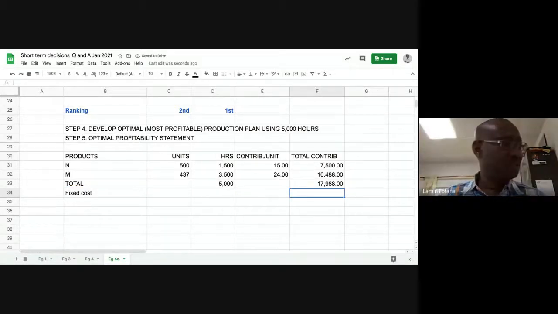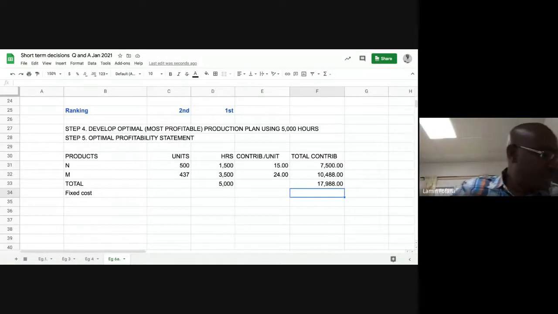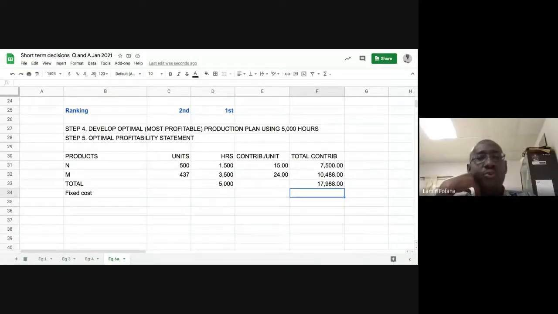Our fixed cost, as per the question, is 10 per unit for M and 8 per unit for N. Okay. So now is this 10 and 8 that we have to multiply by the units. So which units are we going to use? We can do our fixed cost calculation here.